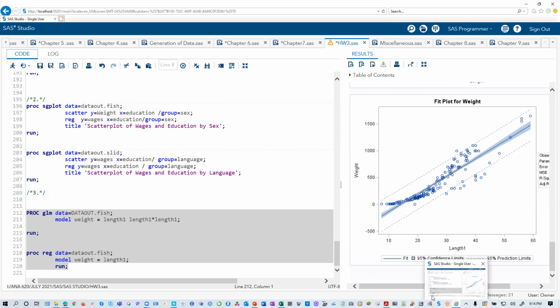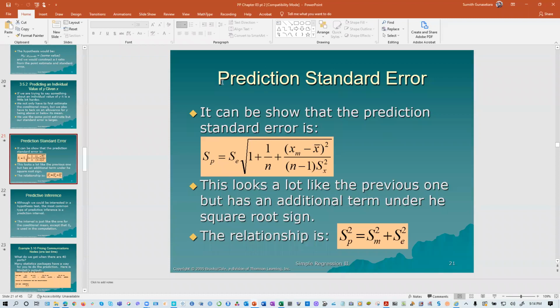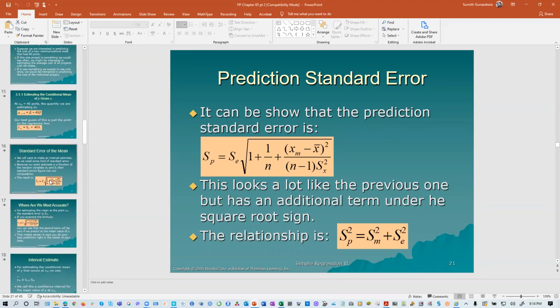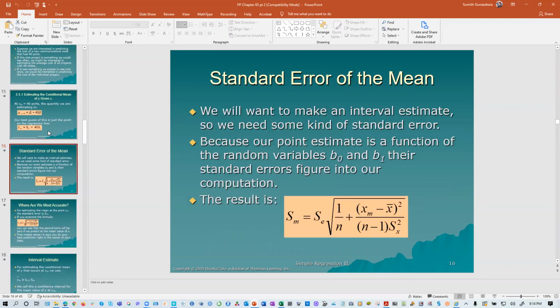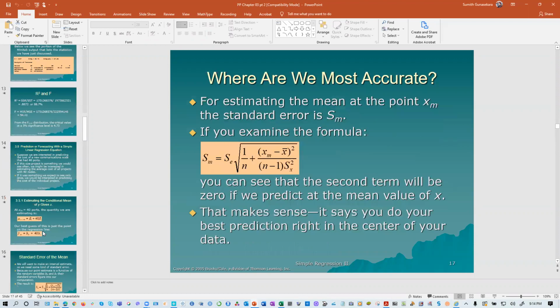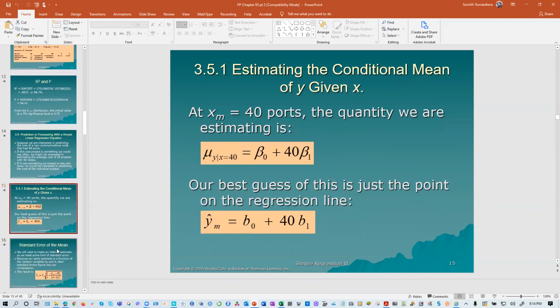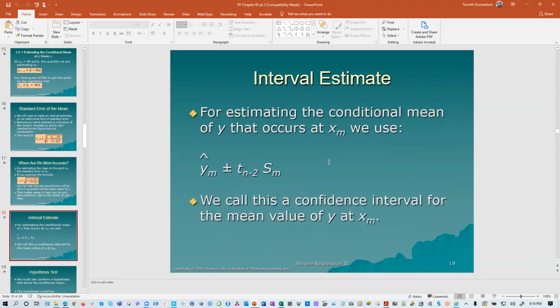Confidence interval means that you are looking for the average, the average of the estimate. Not only that, but you need it as a range. This is called the interval estimate, the confidence interval for the mean value.